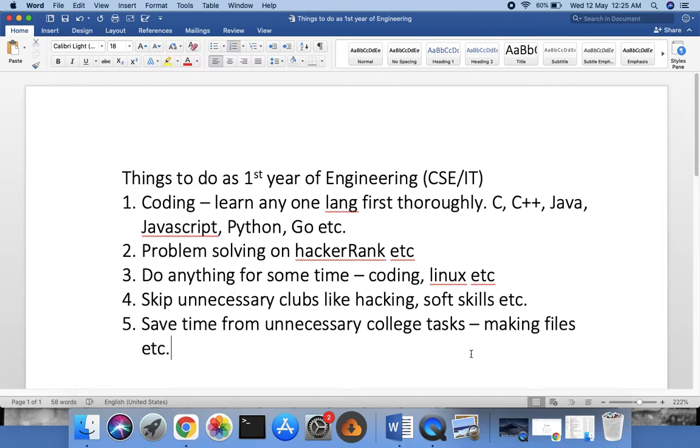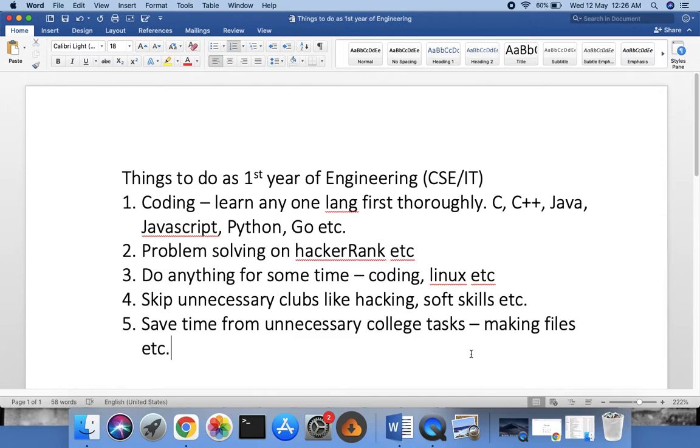You should learn coding, and you should start learning coding from the first year only, because if you start learning it from the first year, you will have enough time to hone your skill and to be a better programmer when you pass out. And if you are a better programmer, it will be very easy for you to get a really good high paying job.